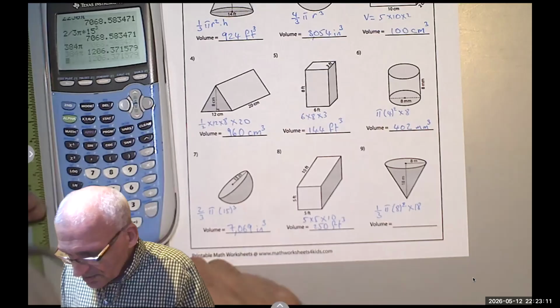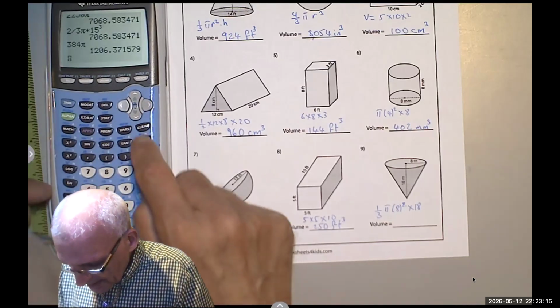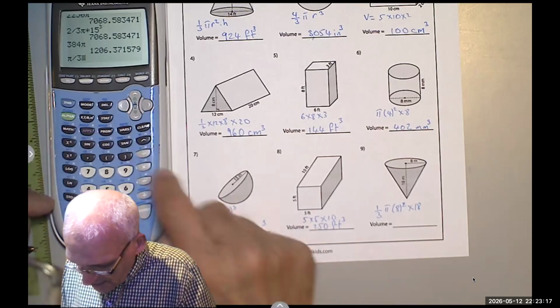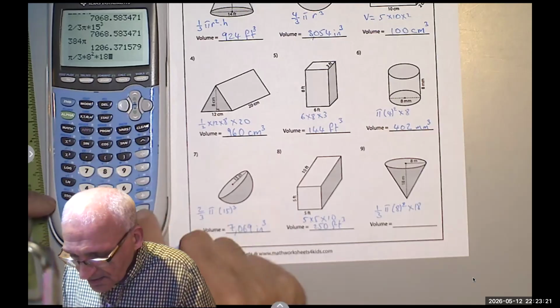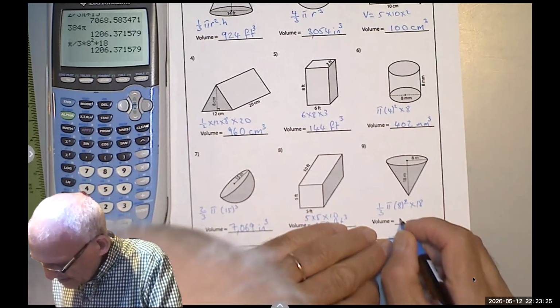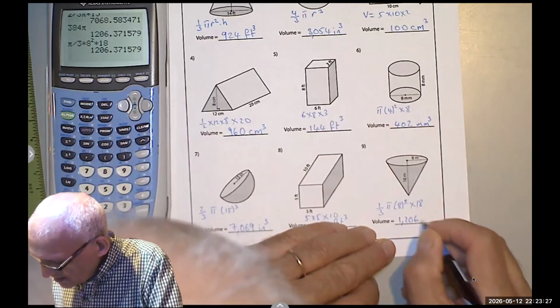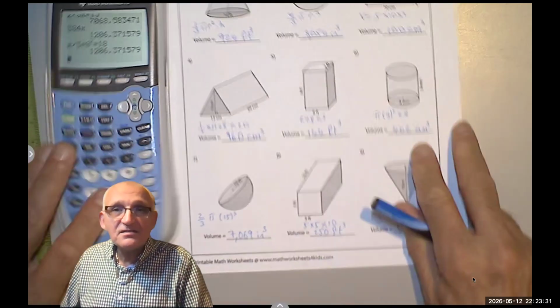I think so. Well, we can do it. Pi over 3 times 8 squared times 18. Yeah, it is 1206 cubic meters. I hope this was clear to you.